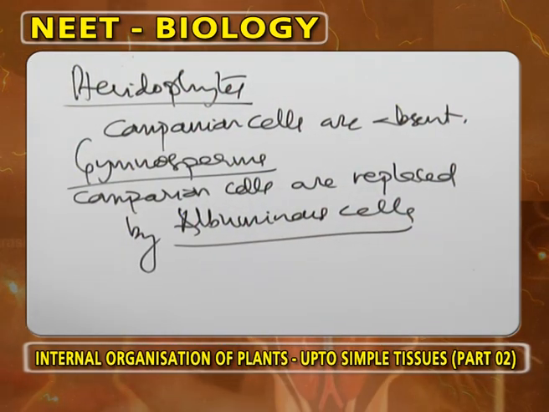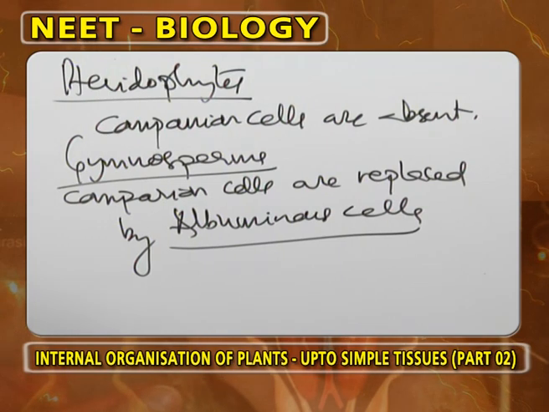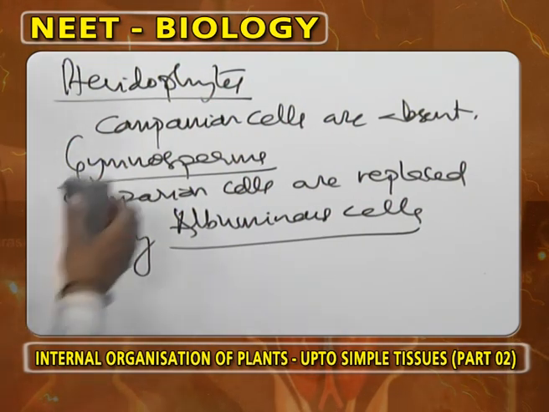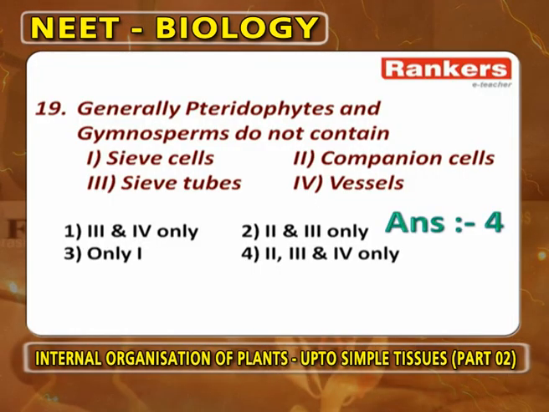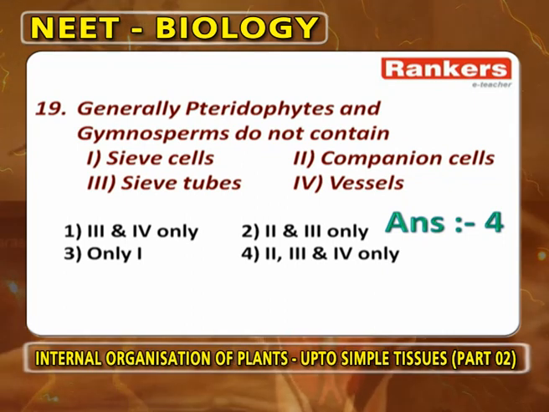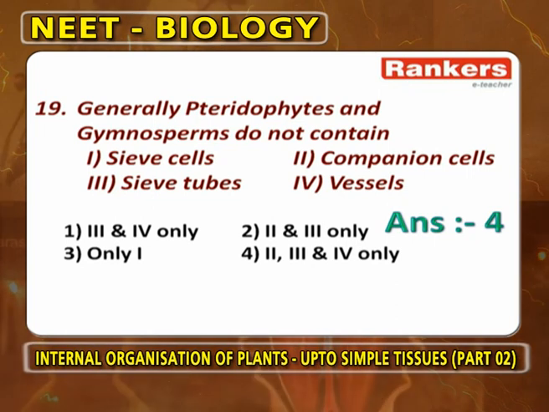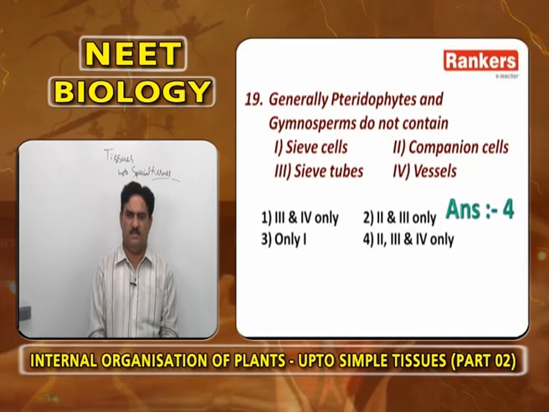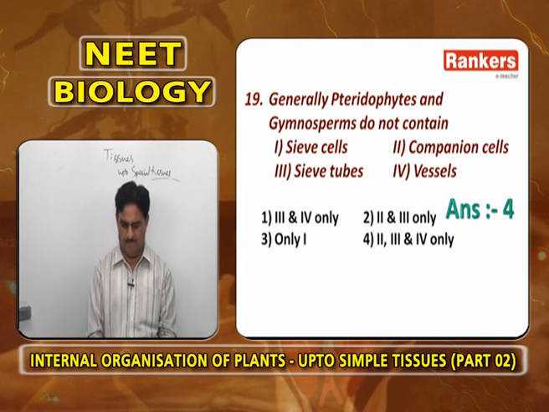So sieve tubes, companion cells and xylem vessels are absent in pteridophytes and gymnosperms. According to this question, generally pteridophytes and gymnosperms do not contain companion cells, sieve tubes and vessels. So the answer is 2, 3 and 4.